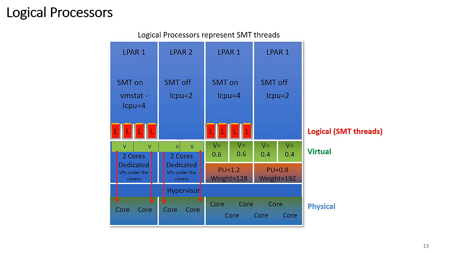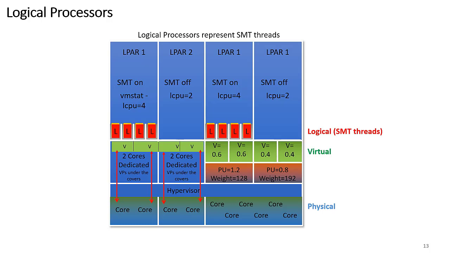When I look at the second LPAR, where I have a PU of 0.8, you'll notice that my virtual processors are worth 0.4 each. Now, the reason this is important is because you'll notice there's no arrows going down to the physical cores. When the LPARs are booted and the virtual processor gets dispatched, it'll dispatch that virtual processor to a physical core. When that virtual processor releases the core, they put it back on the run queue, and they will always try to dispatch it back to that core.